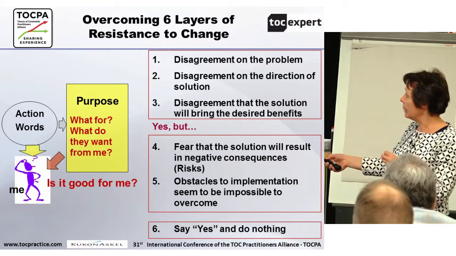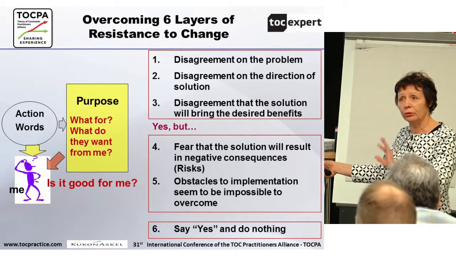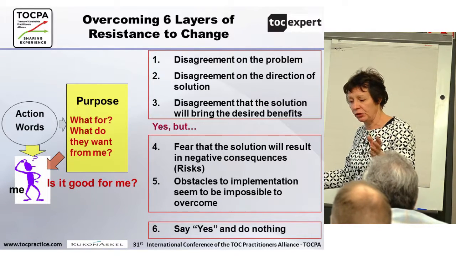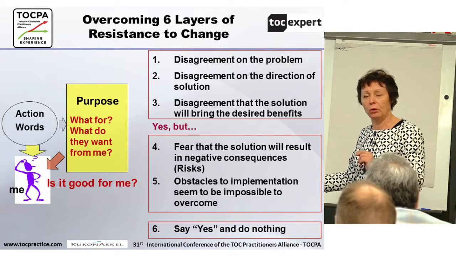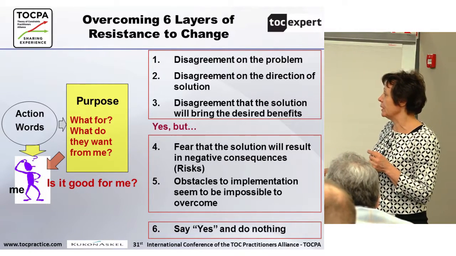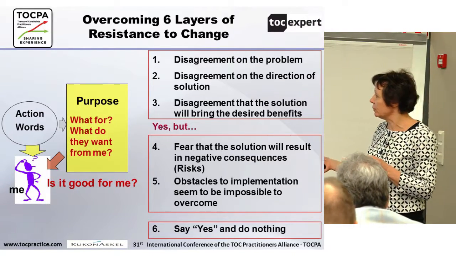So our mind first checks the risks, and only when we are sure that there will be nothing bad for me and for those close to me, then I will start checking whether there are obstacles, whether I know how to implement. And the sixth is when people say yes and do nothing. Maybe something was missed here.